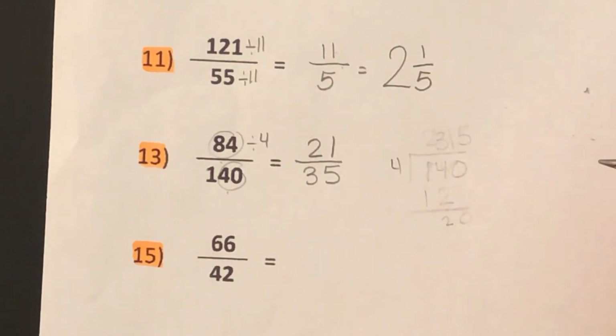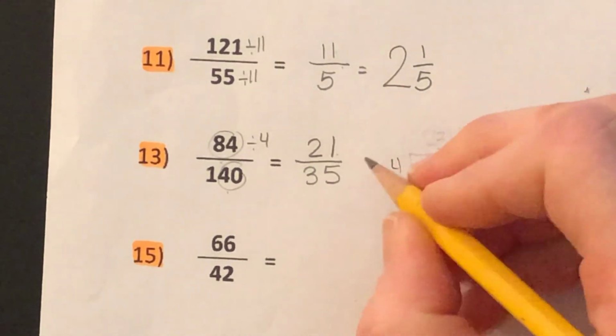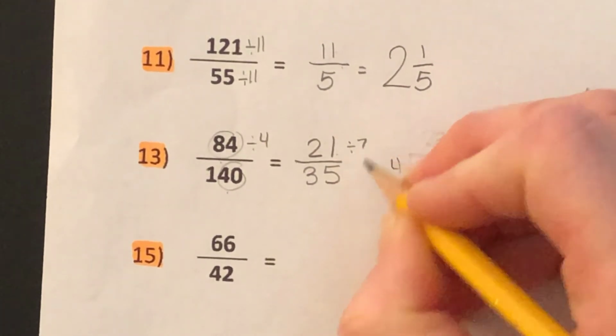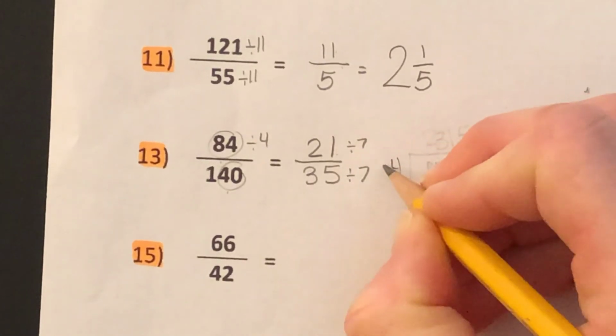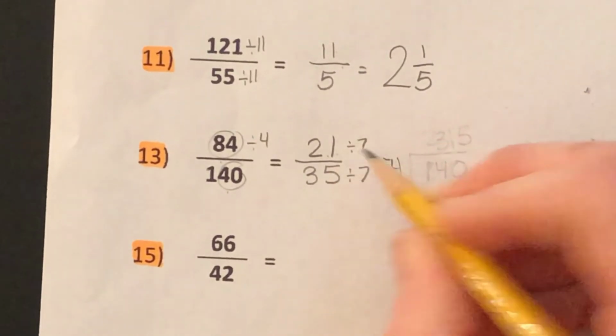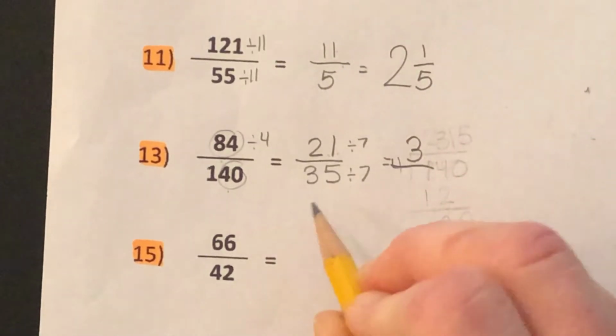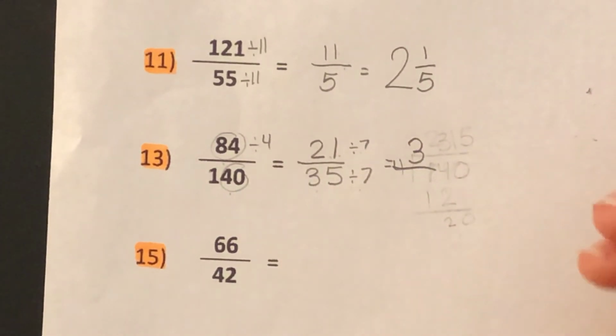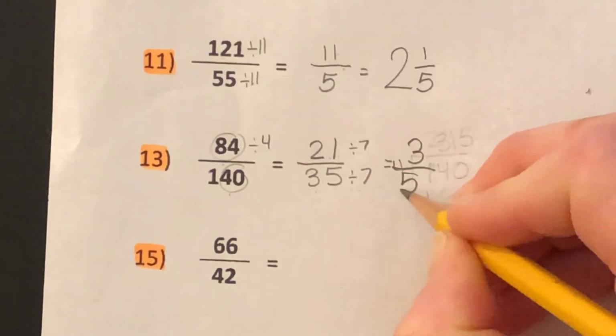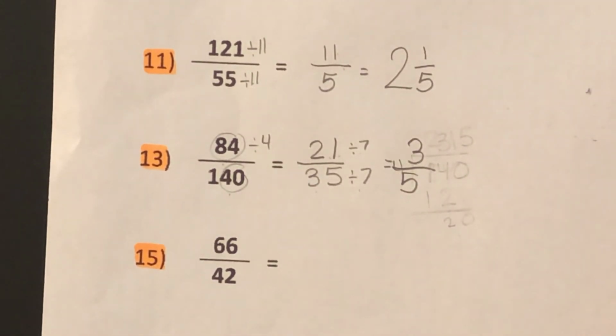But did you notice that you can reduce again? Both 21 and 35 are divisible by 7. So 21 divided by 7 is 3. 35 divided by 7 is 5. 3/5.